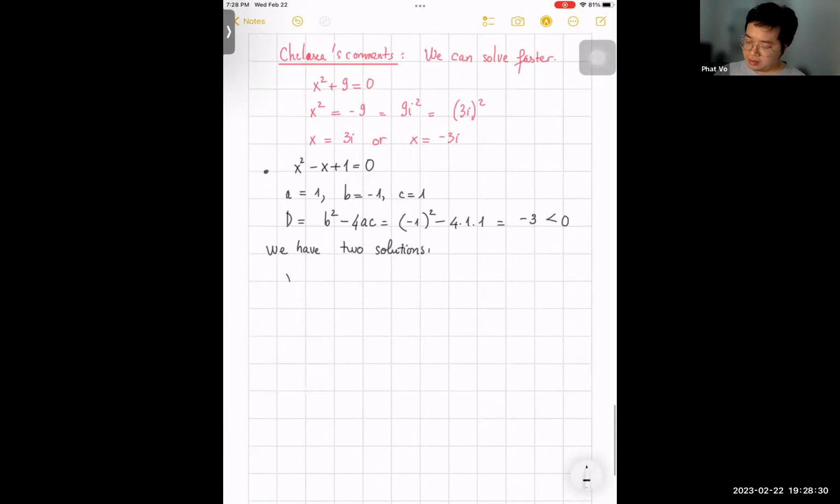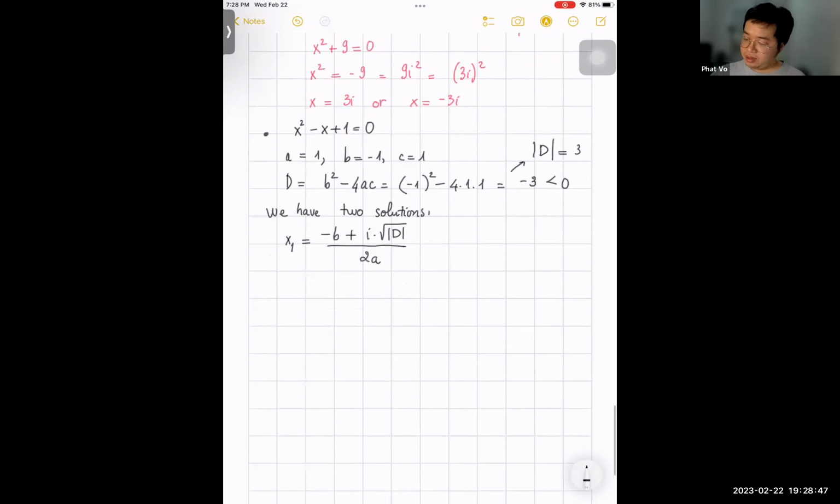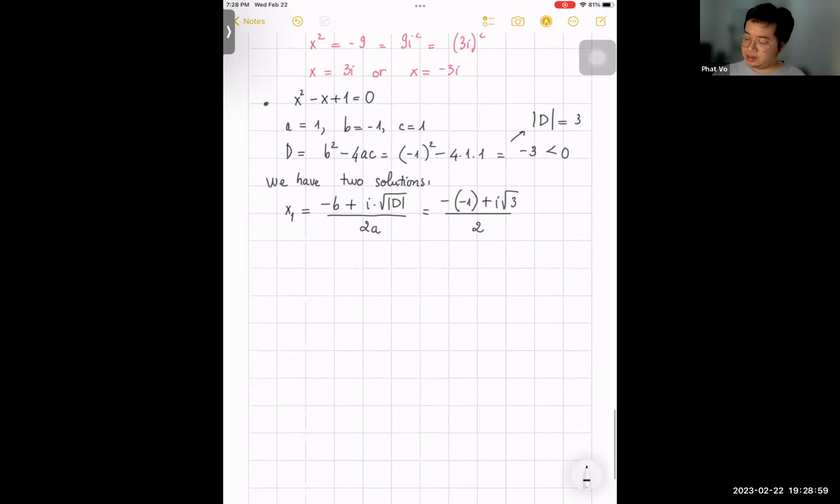The first solution is -b plus i times the absolute value of d, over 2a. Now we know that the absolute value of d is 3, and we replace b by -1. So the negative of -1 plus i times the square root of 3, over 2, right? Now we need to simplify this.